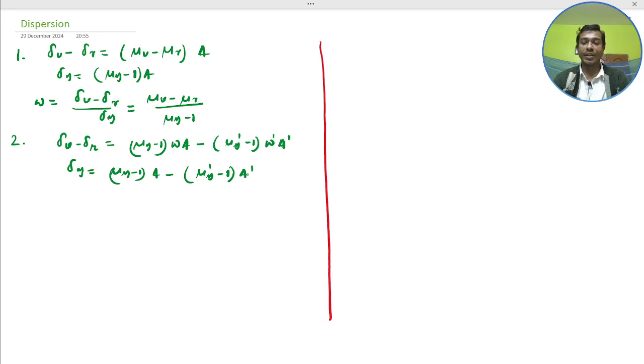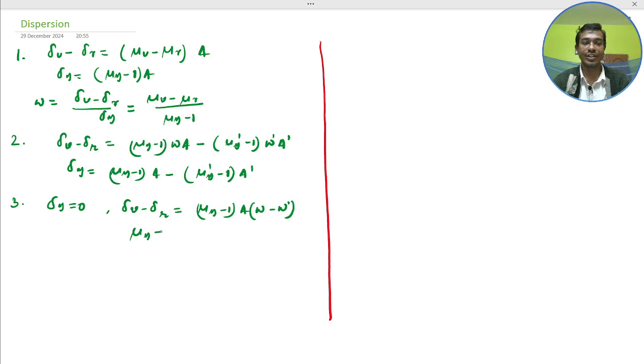Next, dispersion without average deviation. Dispersion without average deviation means delta Y is equal to 0. Now delta violet minus delta red is equal to (mu Y minus 1) into A (omega minus omega dash).